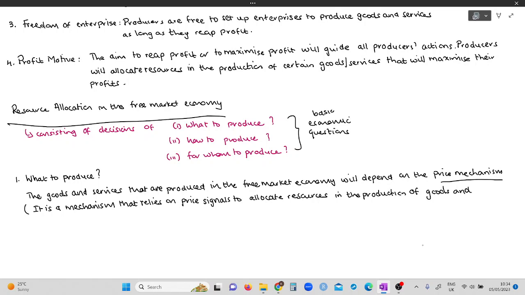C'est une affaire assez automatique. Donc, ça, une communication entre consumers and producers, which are made through price signals. On appelle ça the invisible hand, pour guider.